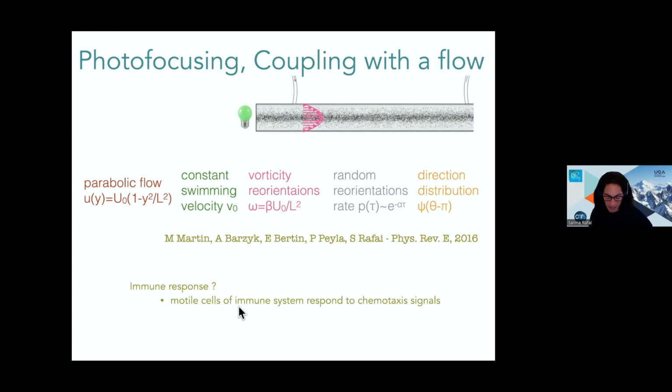The motility has always been taken as irrelevant because the blood flow is too strong, but this kind of modeling can show that sometimes the motility can be relevant even though the blood flow is important.